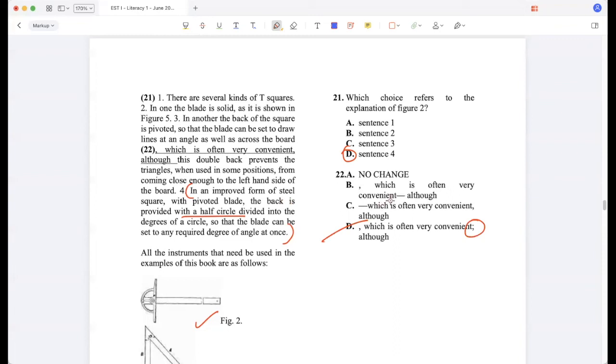Okay. Yeah, okay. So basically my main sentence is that the blade can be set to draw lines at an angle as well as across the board, which is often very convenient. And then I want to give a break and say, although this double back prevents the triangles from coming close enough. Okay. I'm just going with A because the use of the dashes is not very clear here.